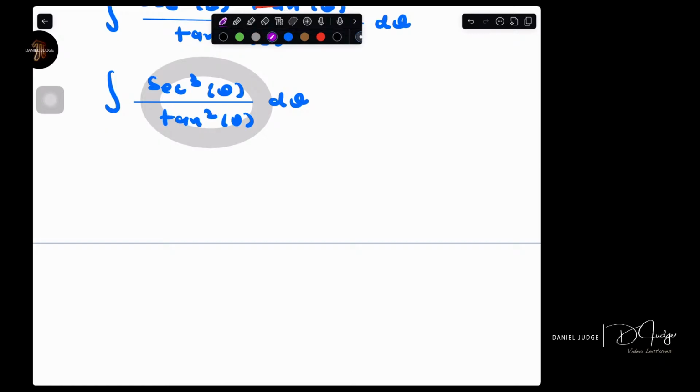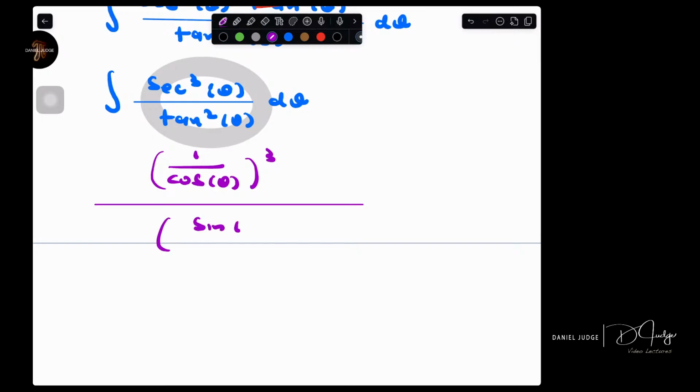So I'm going to get out the purple. Secant cubed is 1 over cosine cubed. Tangent is sine over cosine, and don't forget that that's actually squared.